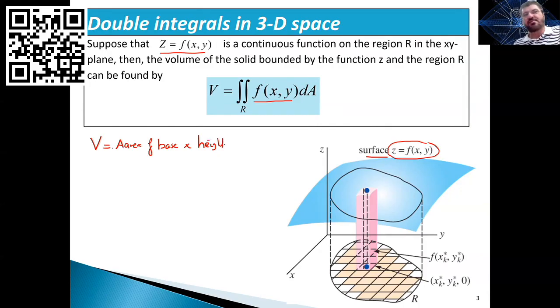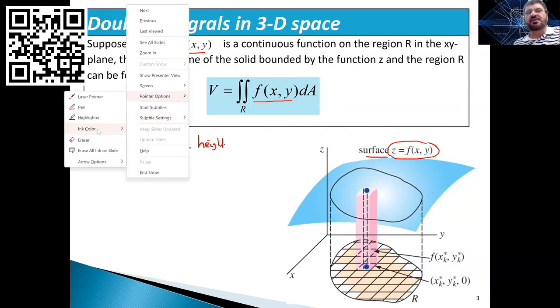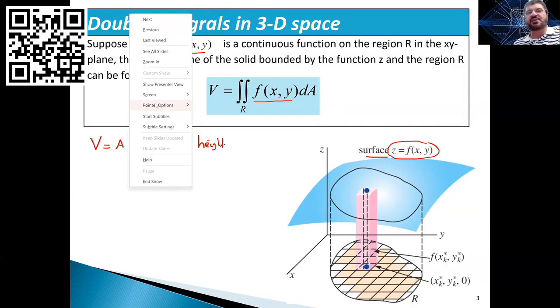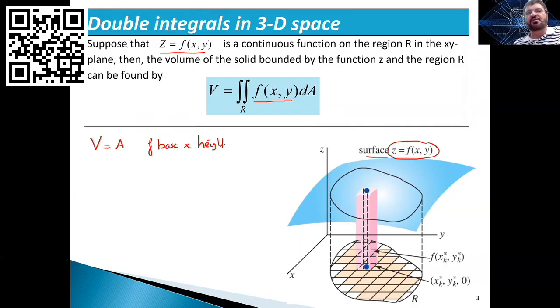It's always the area of the base times the height. All right, let's start from that point and see how I can represent this in the integral.